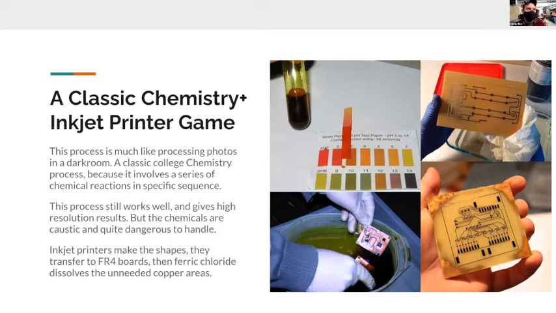Those are hard to find anymore. Then you transfer your inkjet ink onto the piece of FR4 copper board, remove the transparency, and that ink protects some of the copper. Then you use ferric chloride to remove all the copper you don't want, and then you scrub off all of that ink.